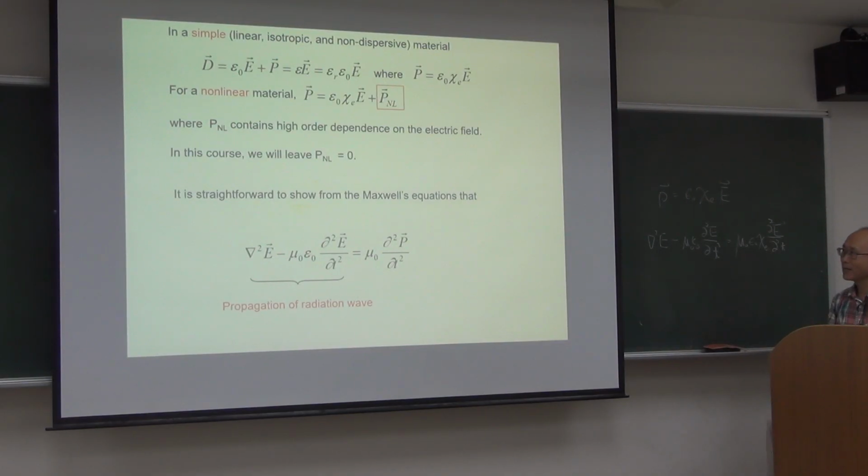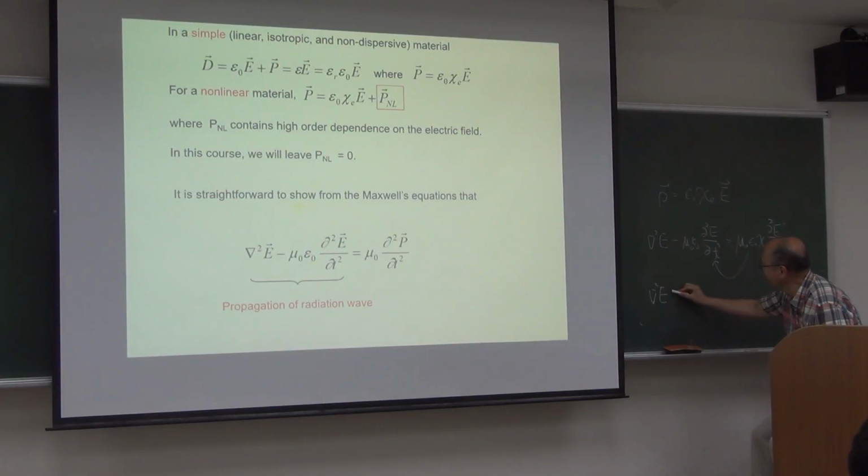For now, I just dropped the vector. Then you combine these two terms together, and you end up with the Laplacian of E minus mu naught epsilon naught (1 plus chi E) times the double derivative of E with respect to time.